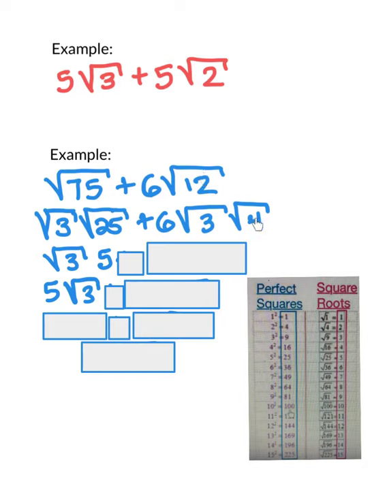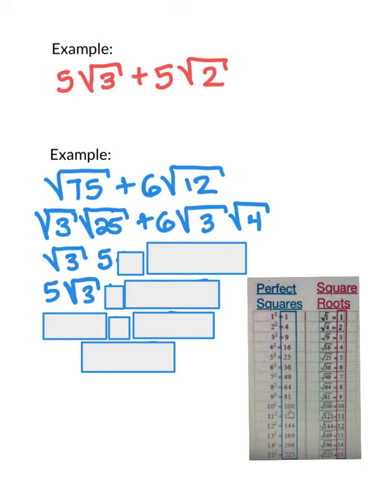And then we want to ask, can I take the square root of 3 and get a whole number? Is that part of the perfect squares list? Unfortunately, it's not, so we're just going to leave it the way it is. Then I'm going to look at the square root of 4. Is it on the perfect squares list, and can I get a whole number? Yes, the square root of 4 is 2.